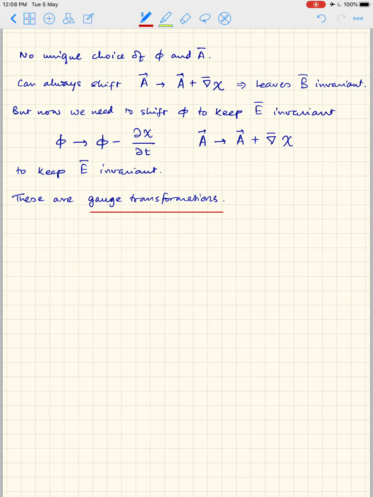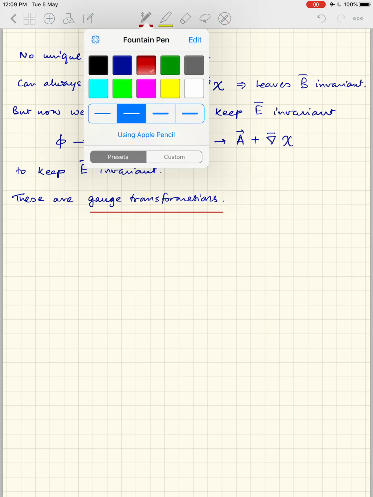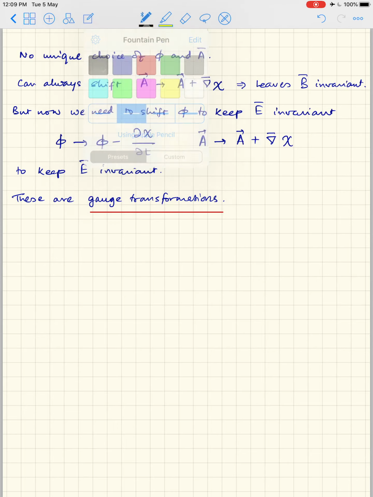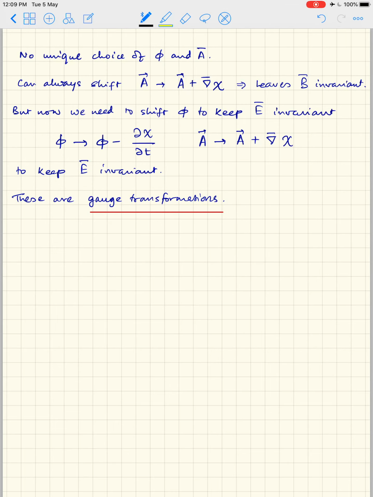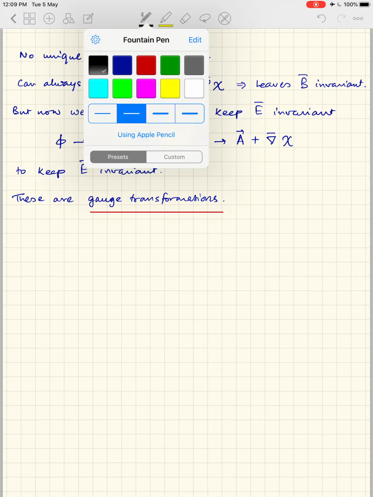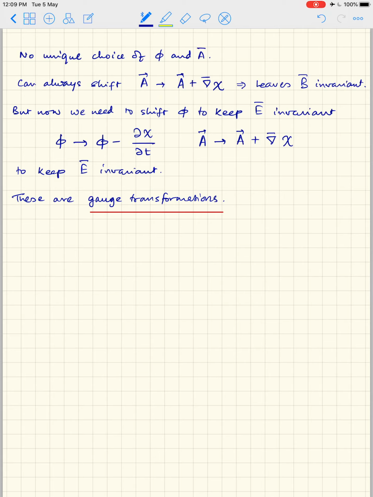Okay, so now you can define a 4 vector A, let's call this upper mu, and we will have this phi over c and A vector.